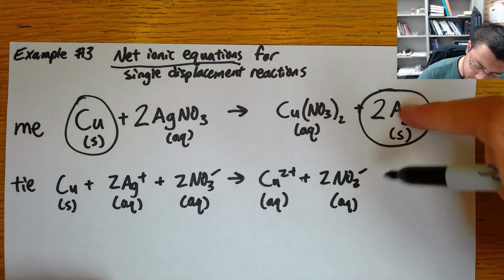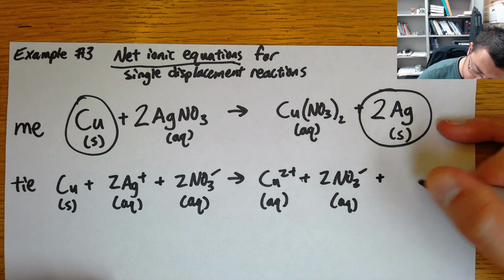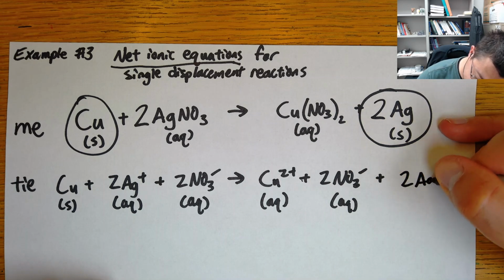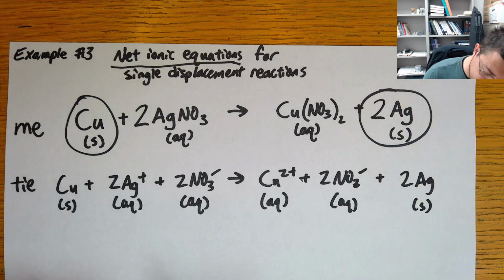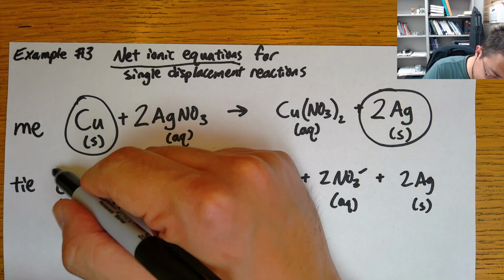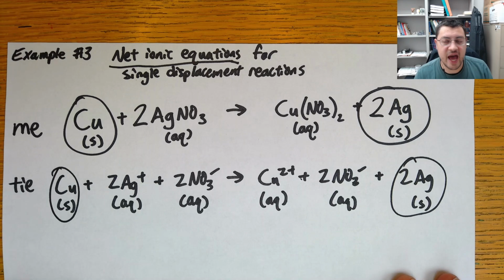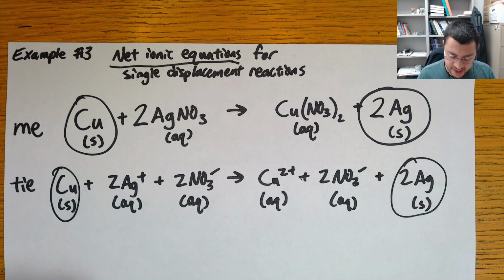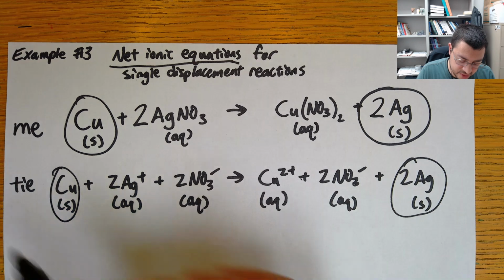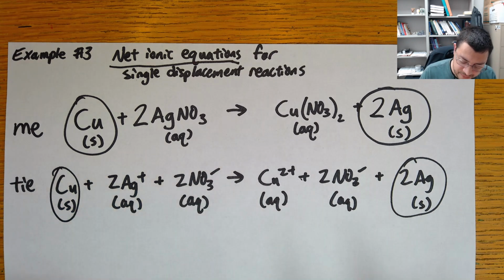Done with that, and then we bring that down: silver metal atoms. Again, circle any solids, liquids, or gases when you're doing net ionic equations or total ionic equations. That's what I like to do.